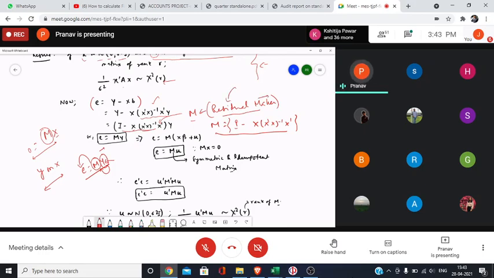How do I define it? This matrix is defined such that when it gets pre-multiplied by a vector of variables, it produces the residual vector of the regression of y on X, or of the dependent variable on the independent variables.